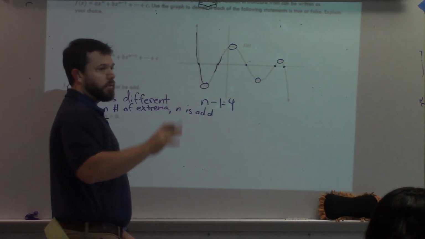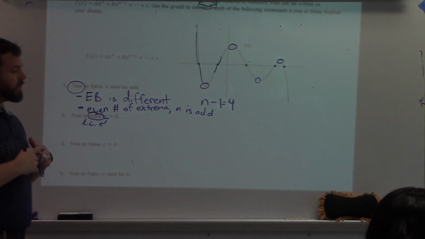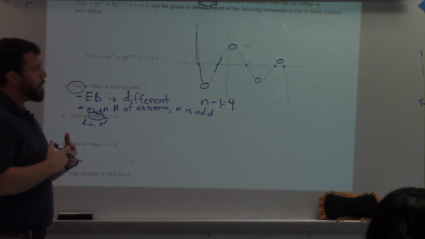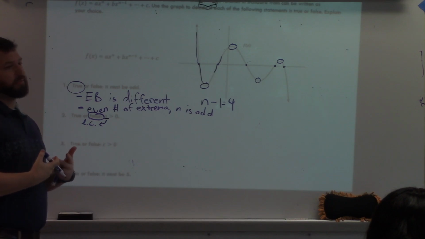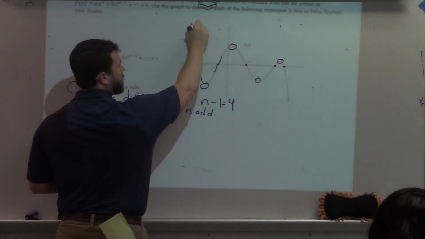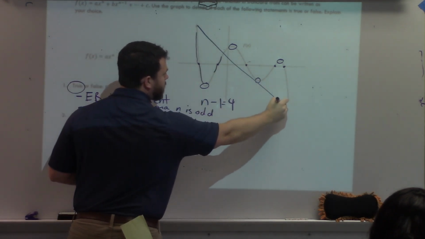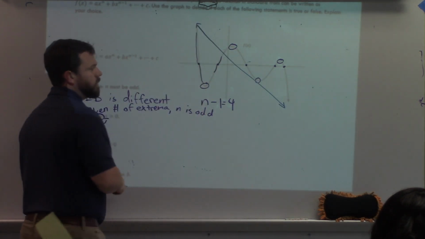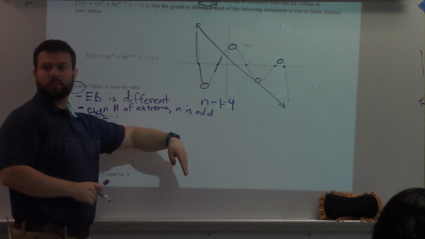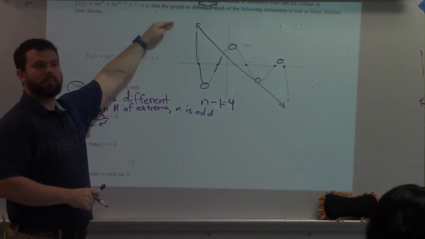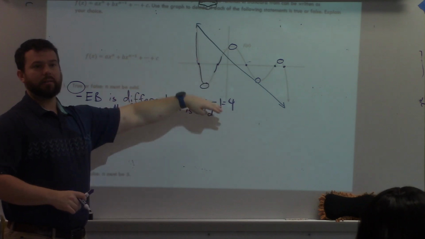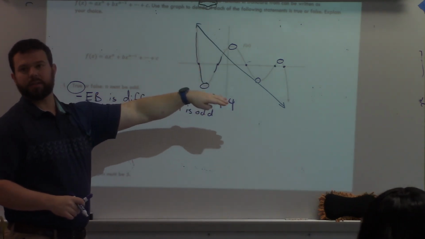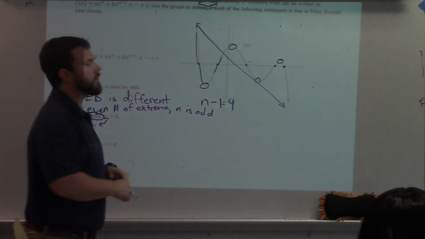And this is something I want you to understand or notice here. This is something that I always do, is I always connect my end behaviors. At least with an odd degree. Like that. Notice that creates what shape? A linear, right? Is that decreasing or increasing? That's decreasing.